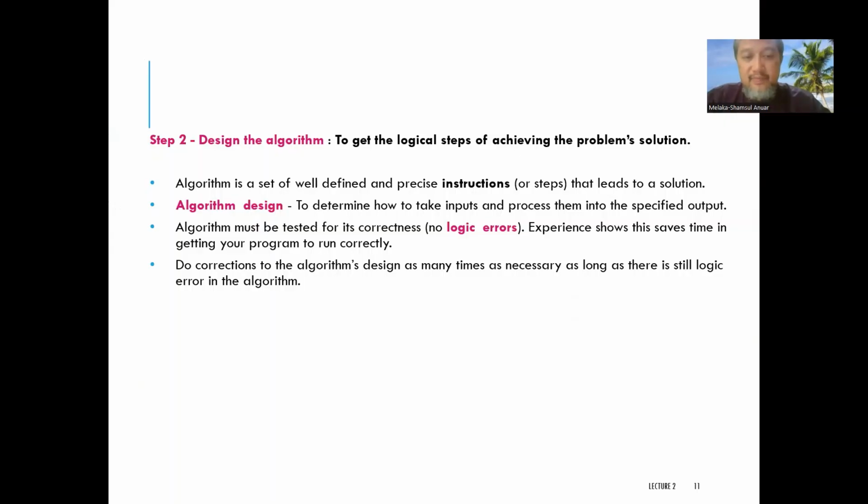Algorithm must be tested for its correctness, no logic errors. Experience shows that this saves time in getting your program to run correctly. Do corrections to the algorithm design as many times as necessary, as long as there's still a logic error in the algorithm.